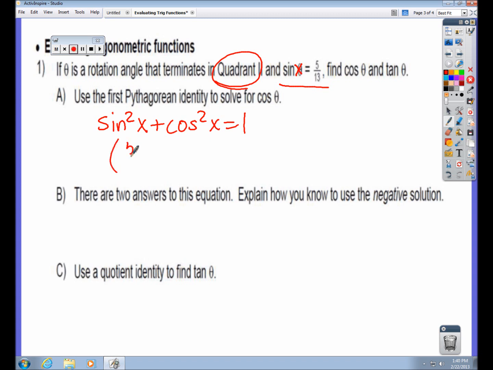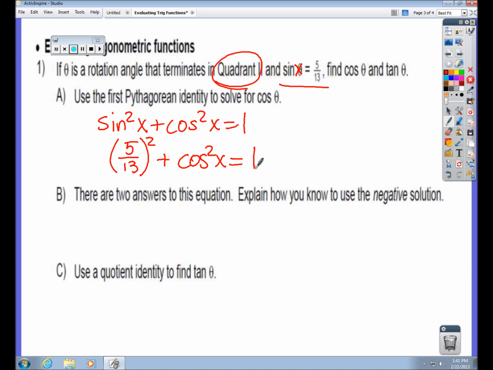So in this first spot, I'm going to put 5/13 squared. This is just like Pythagorean theorem. I don't know what the cosine is, so I'm going to leave that as cosine squared of x, and then equals 1. So we're going to solve for cosine of x.